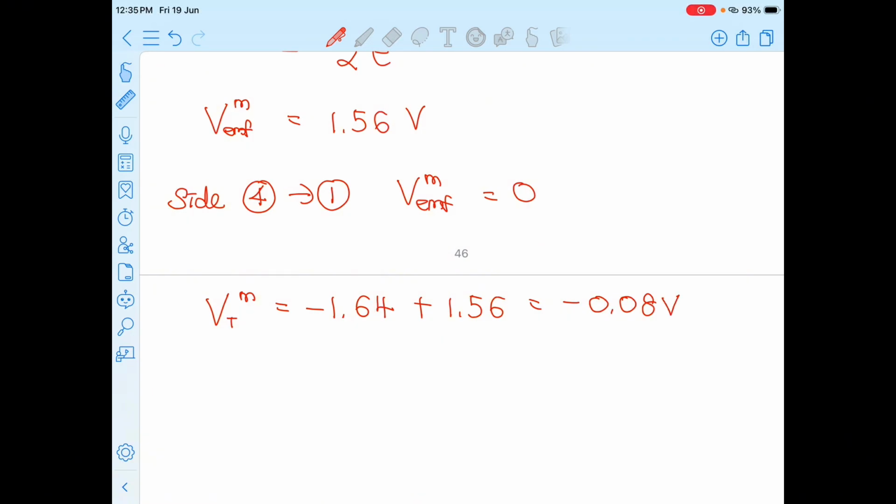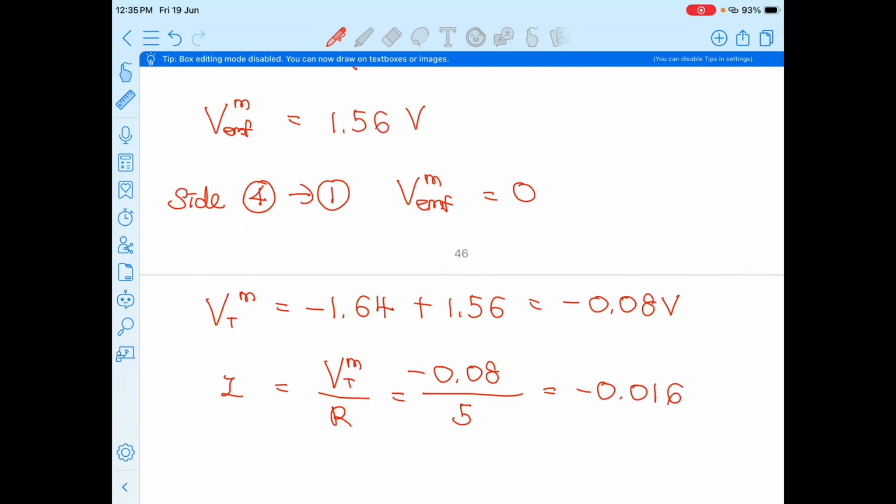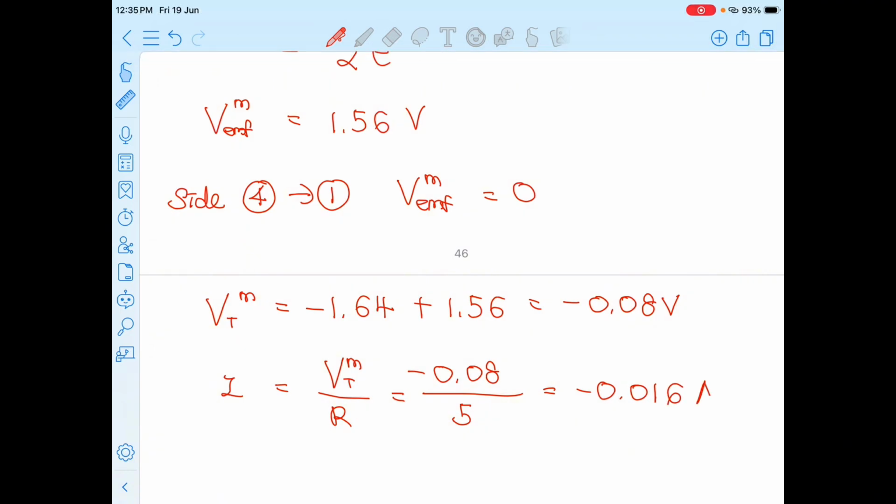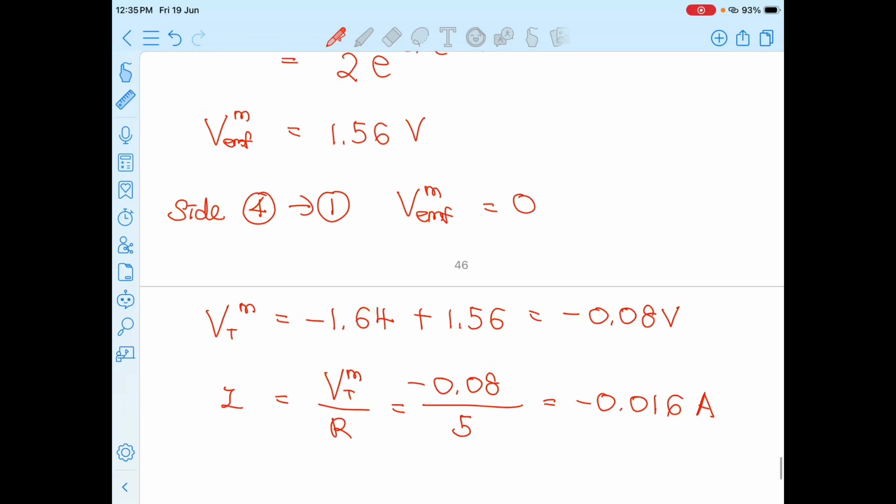For the current flowing in the loop, it is the total motional EMF divided by R. The R is given by the question, which is 5, so you will have -0.016 ampere. Alright, this is how you determine the current and also the voltage in a moving loop.